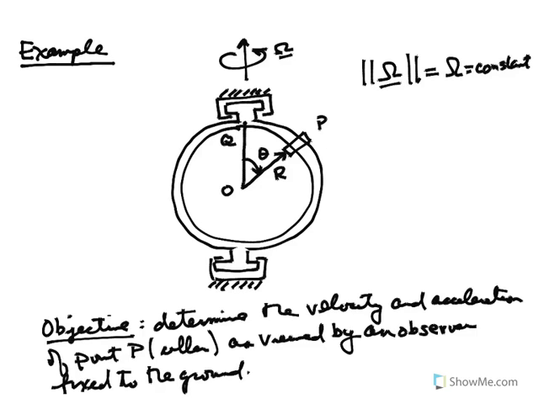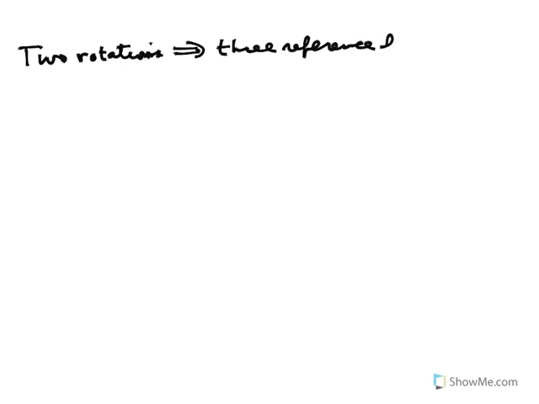Now, you can see that there are two rotations in this problem. So two rotations implies that we need three reference frames. Now, those three reference frames are as follows.